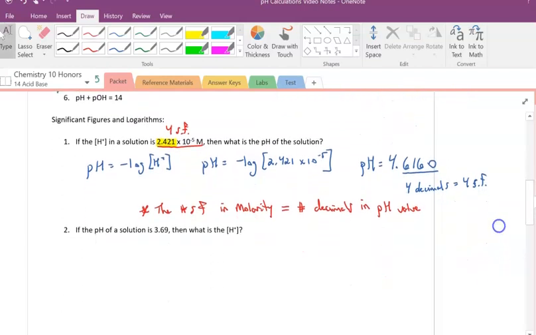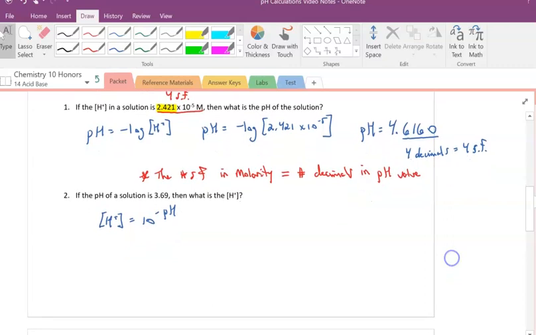Now, if you're undoing it, if I wanted to use equation 4 to undo a log, if I look at equation 4, I have H plus is equal to 10 to the negative pH power. I would do the same rule, but in reverse. So if the pH of a solution is 3.69, then what is the H plus concentration?